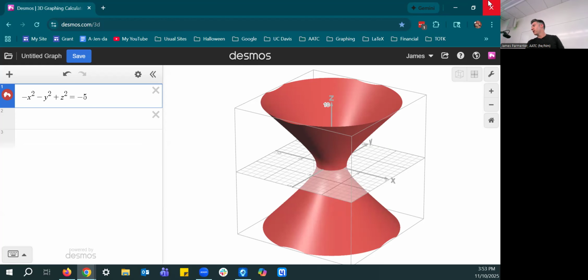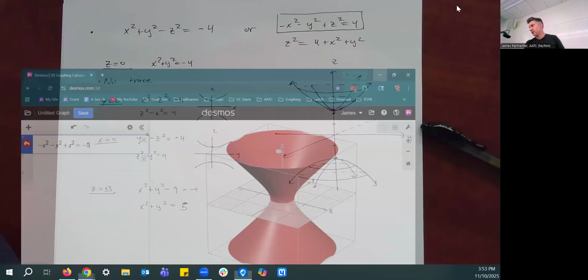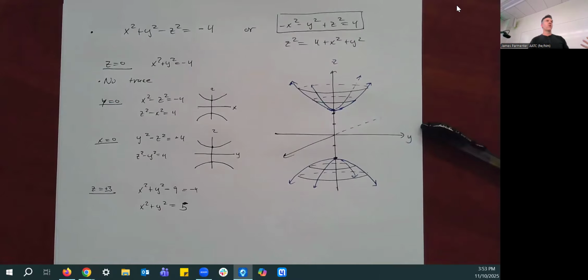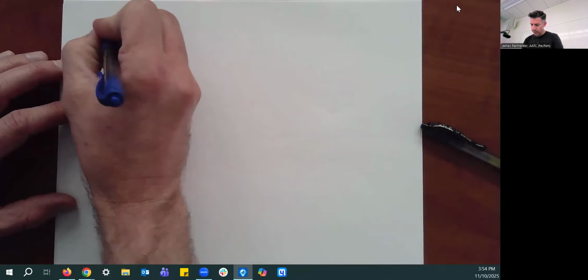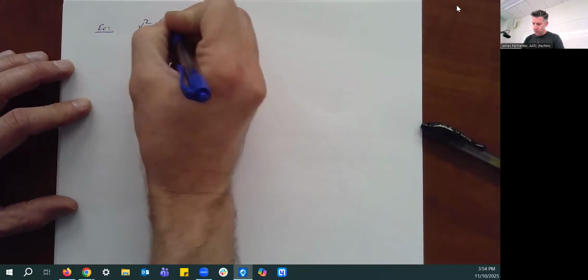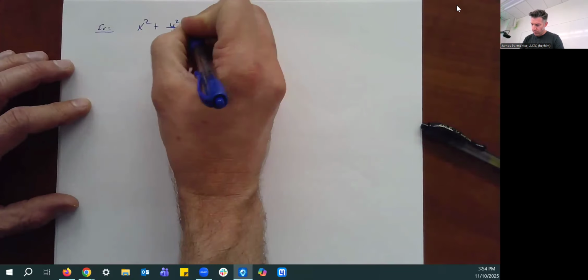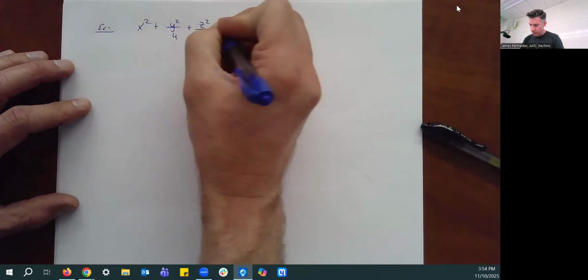So kind of cool. And finally, the last quadric surface, the sphere, or more generally, the ellipsoid. That one's probably the easiest of all three. It's where everything is positive. For example, something like x squared plus y squared over 4 plus z squared over 9 equal to 1.